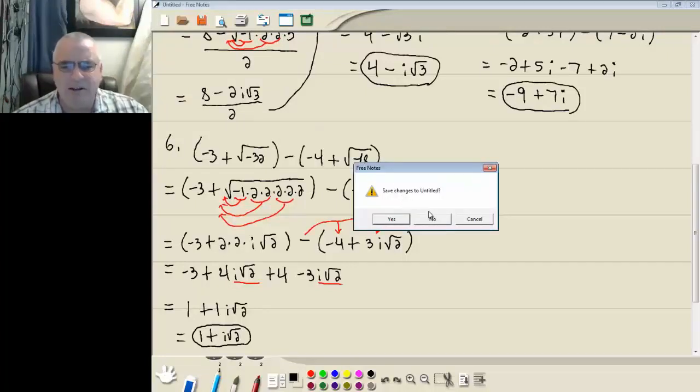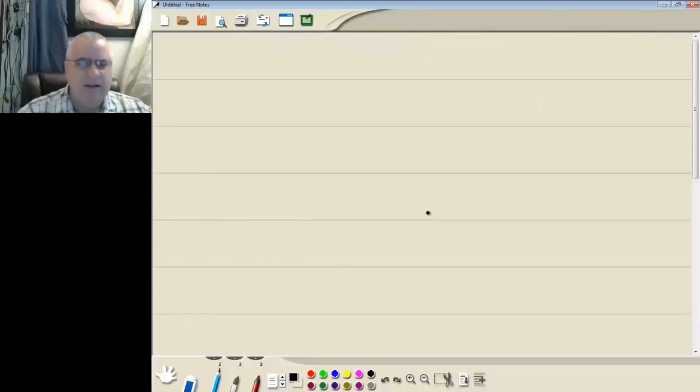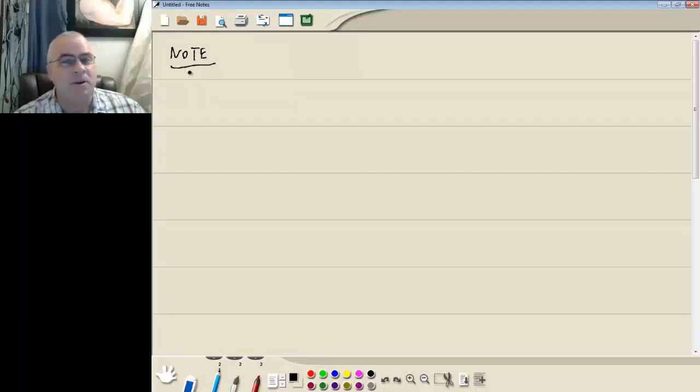Let's start a new page. Okay. Now I'm going to mention one fact here. There are two important facts to remember if you're going on to college algebra. One of them is that the square root of negative 1 gives you i, and the second one is that i squared equals negative 1. And if you don't remember this, you can derive it if you remember the first one.